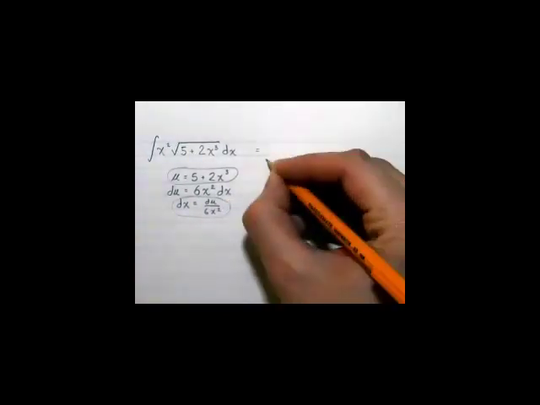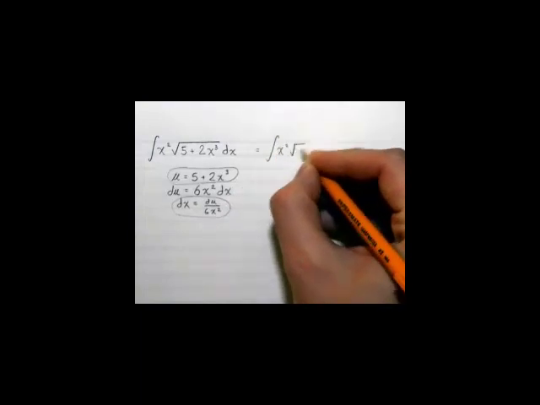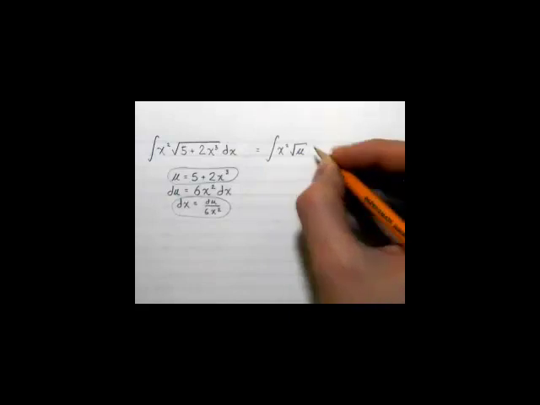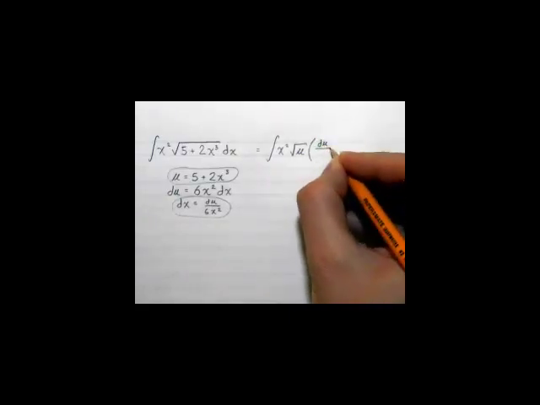Alrighty, so that should take my original integral, and now I have x squared square root of u, and then my dx is du over 6x squared. So like I said before, if I've picked a good u, x's should cancel. Are they going to?